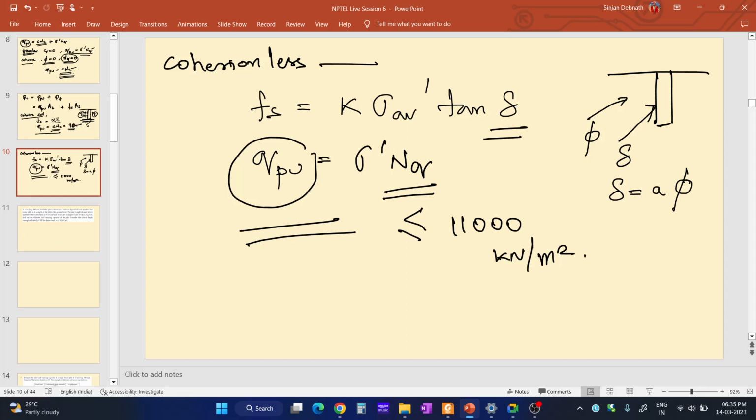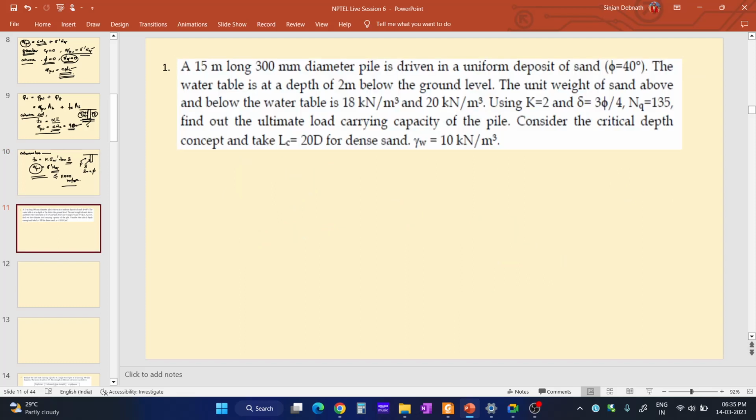If the bearing capacity is much higher, it is better to consider a lesser QPU value. Okay, so now let us come to the first question.